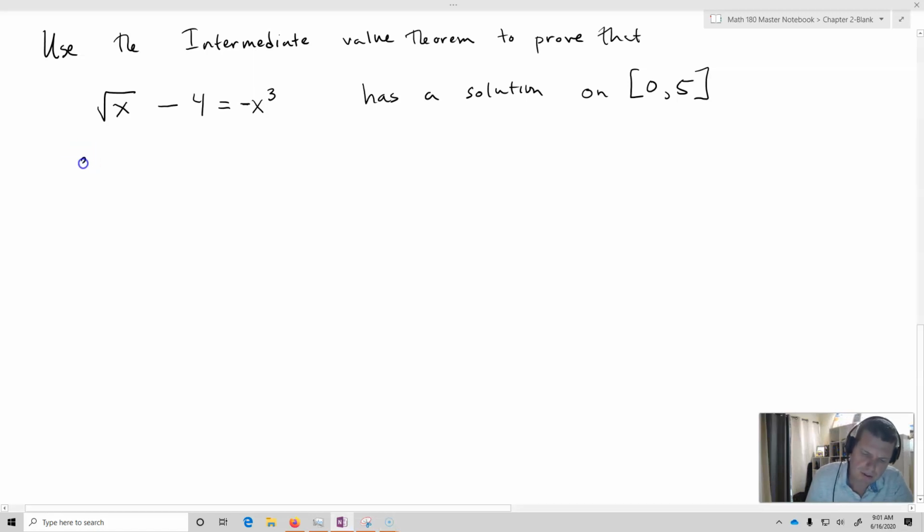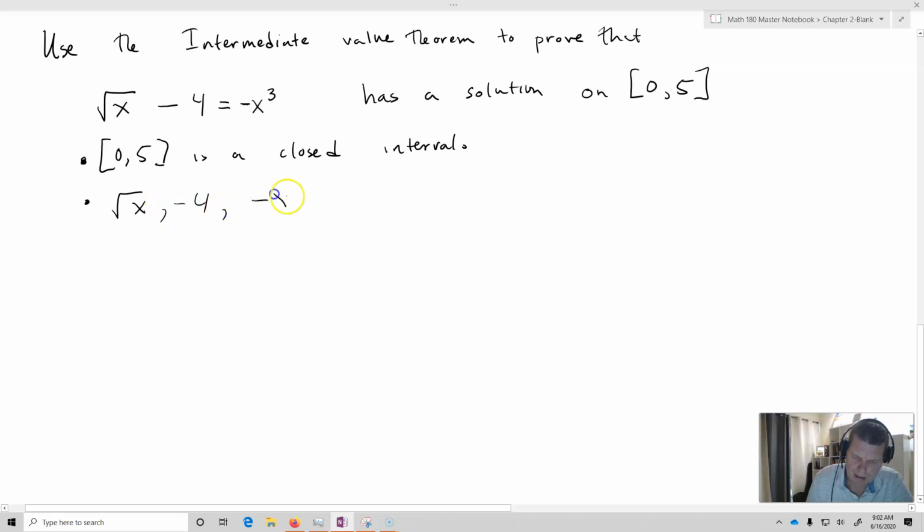So first, 0 to 5 is a closed interval. In addition to that, and you'll have to think about how to do this, the square root of x, negative 4, and negative x cubed are all continuous on 0 to 5.